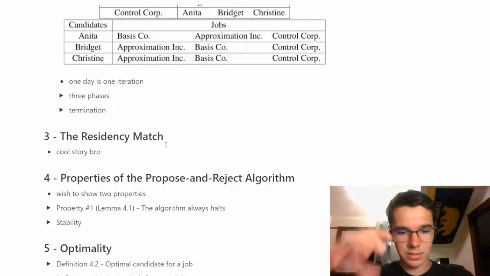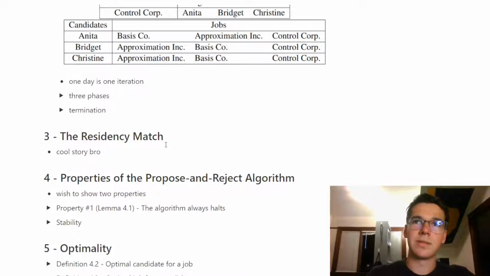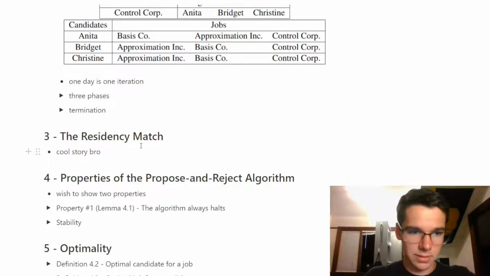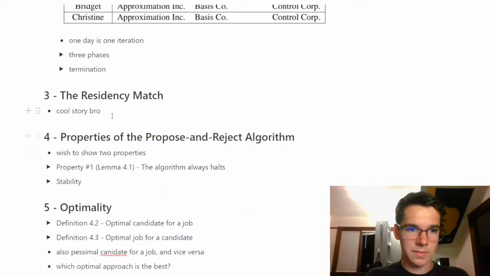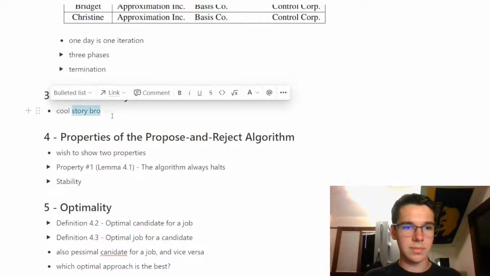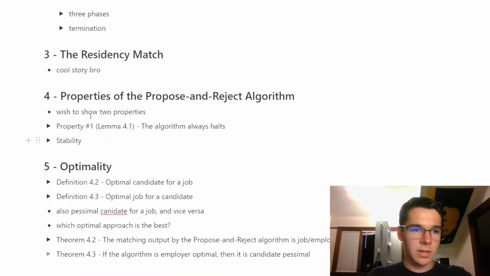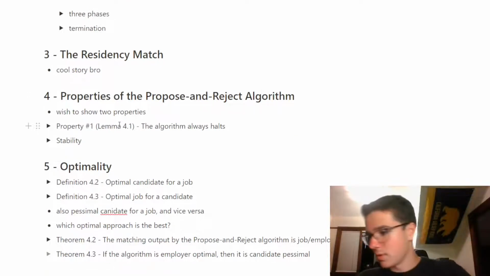There were a ton of these hospitals and not enough interns, and it was a whole mess. But then some governmental organization stepped in and standardized the whole process, and basically they used this algorithm, the propose and reject algorithm, to not necessarily solve but tackle the residency match problem. Okay, you definitely did not need to know that.